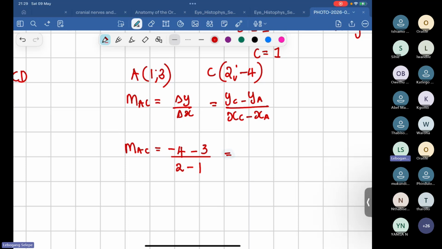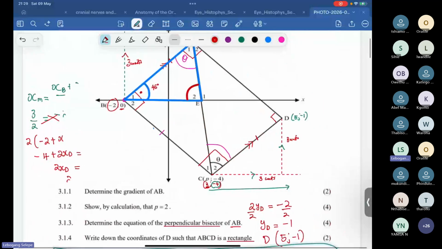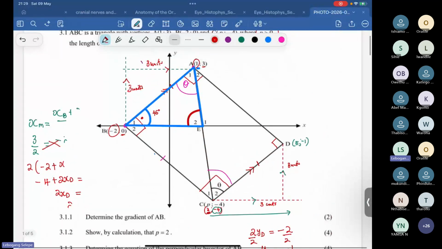-7. Negative 7. Perfect. So now we're going to check if this gradient is making sense. And yes, the gradient is making sense because you can see that AC is a decreasing function, which is why it has a negative gradient, right?